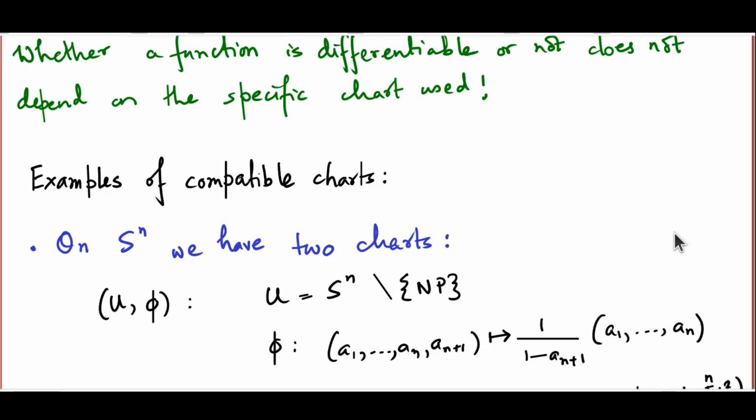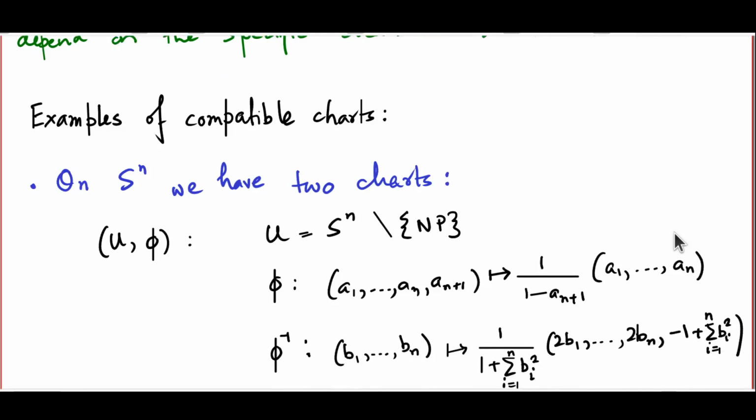These coordinates map to a bunch of n numbers which are basically a1, a2 up to an, but each one of them divided by 1 minus an plus 1. Note that this is a perfectly legitimate thing to do because the North Pole is the only point for which an plus 1 is 1, and since that has been taken out from Sn, when you constructed the domain U, the denominator of these divisions, 1 minus an plus 1, is never 0.